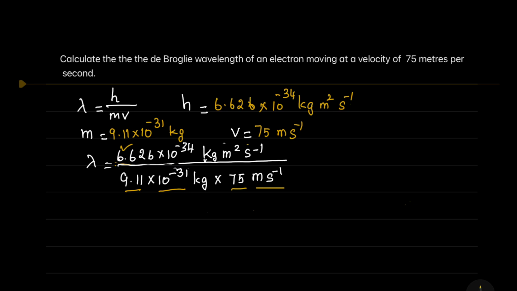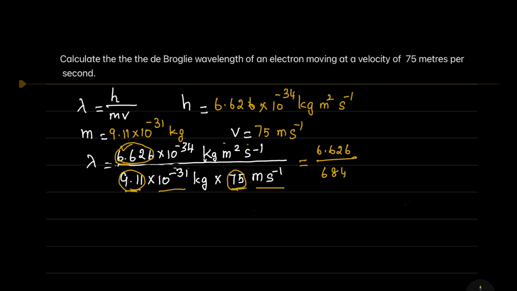While solving this equation, we can divide it into two parts, the numerical part and the exponential part. First, let us solve the numerical part, that is 6.626 divided by 9.11 into 75. That will give rise to 6.626 divided by 684.